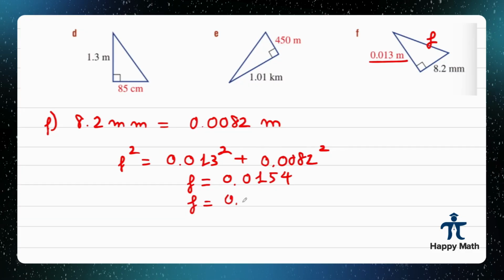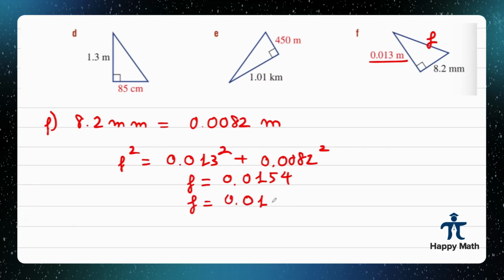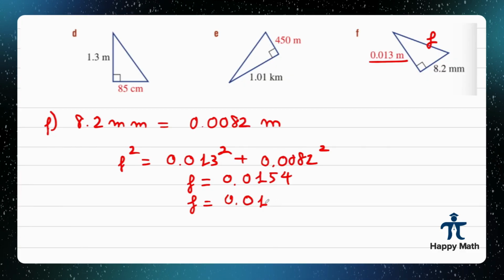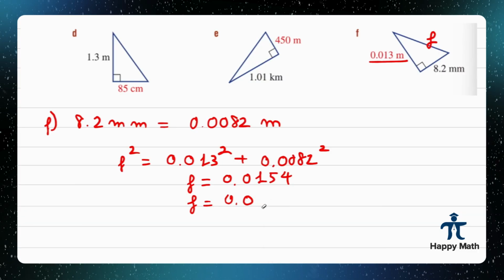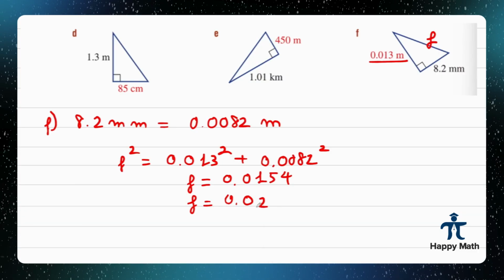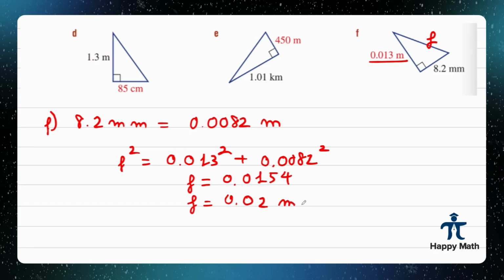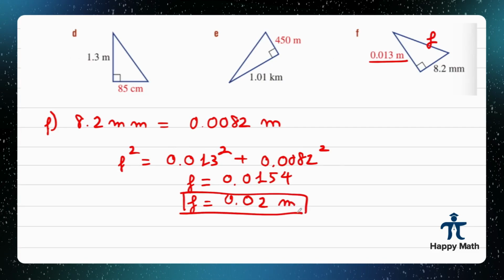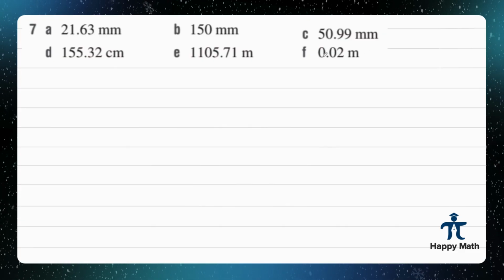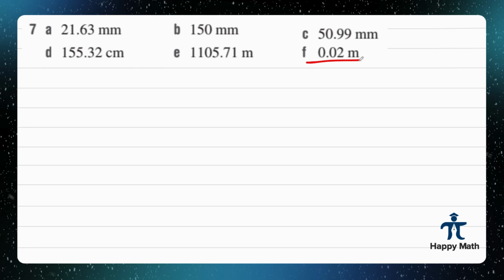This means 2 decimal places, so I convert this to 0.02 meter. Check the answer for question F. Okay, that is the right answer.